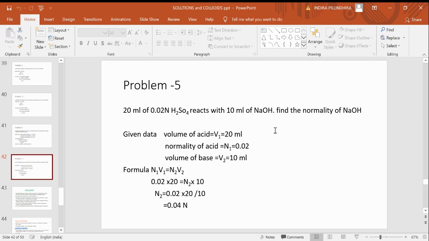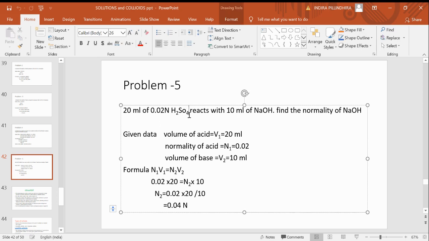So we should write the data very carefully. Volume of the acid, 20 ml of 0.2 N H2SO4. That means volume is 20 ml and normality is 0.2, and then volume of the base is 10 ml. After writing the given data carefully, we substitute it in the formula N1V1 = N2V2.